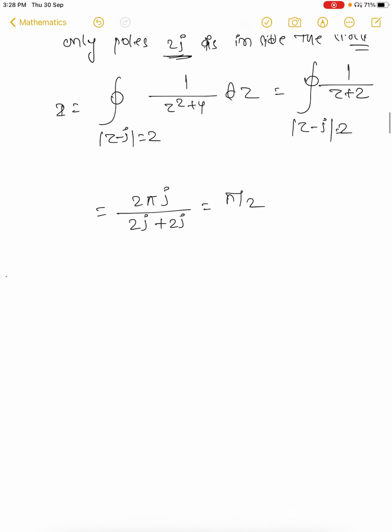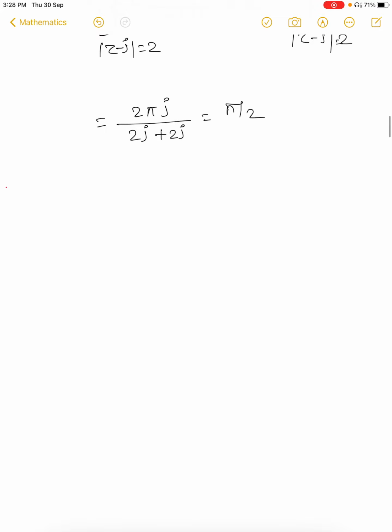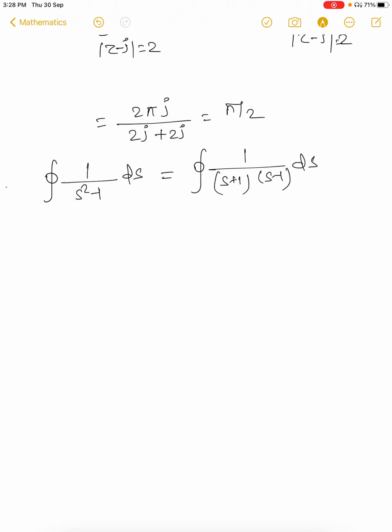Now come to the next question. What is the formula? So the formula: the integral of 1/(s² − 1) ds, in terms of (s + 1)(s − 1) ds, is 2πj times the sum of the residues. What is the residue?